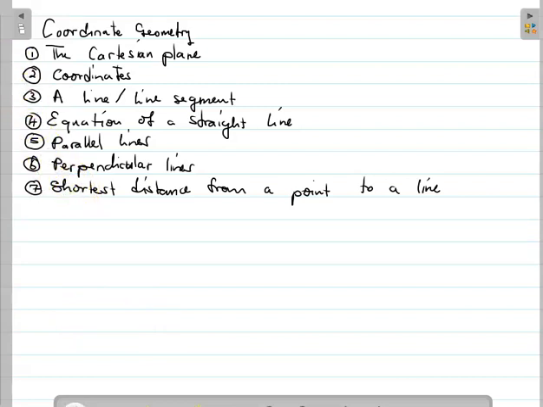So let's begin. The first thing we're going to start talking about is the Cartesian plane. So what is the Cartesian plane? The Cartesian plane is simply the XY plane. All other planes that can be discussed in math are basically built on the XY plane.